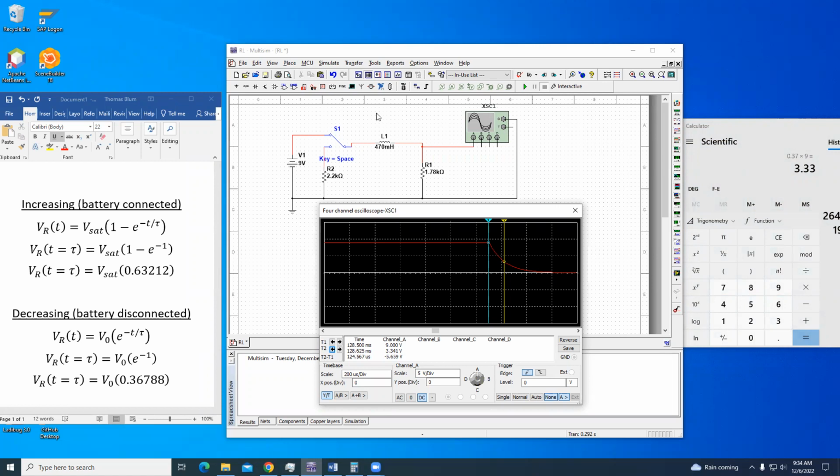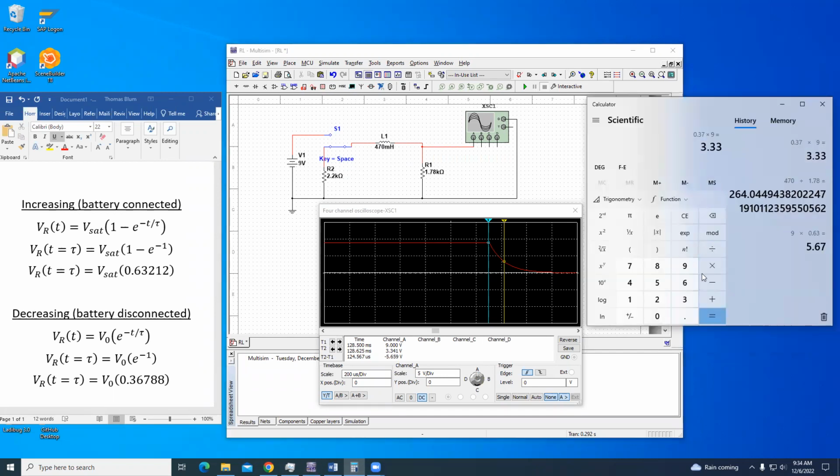Okay. And now here's the circuit of interest, when going down. L1 is still in the circuit, R1 is in the circuit, but R2 has joined the circuit, and R1 and R2 are in series, so their equivalent resistance is the sum, and the time constant is L divided by R. So I'm going to take the L, 470, and divide it by, in parentheses, 1.78 plus 2.2, close the parenthesis, equal.